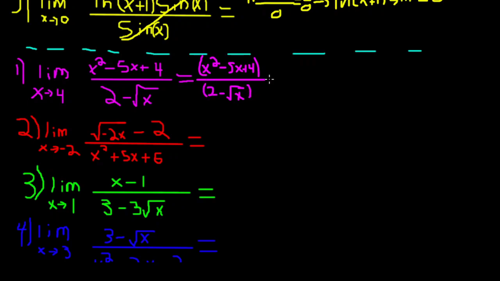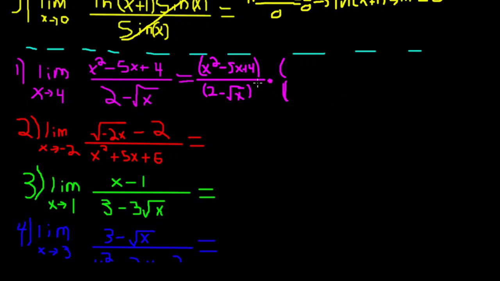We're going to multiply this by a clever form of 1. So we're going to multiply it such that we get a difference of squares on the bottom. Because we squared a radical, we get rid of the radical. So we want to do that.